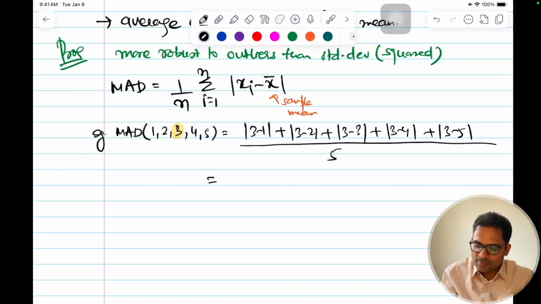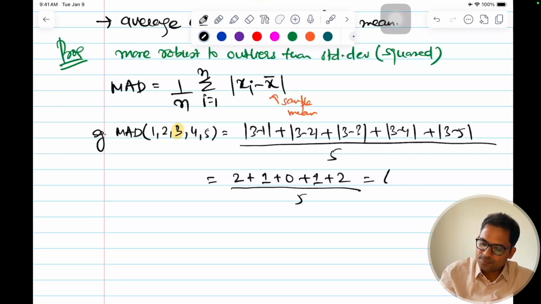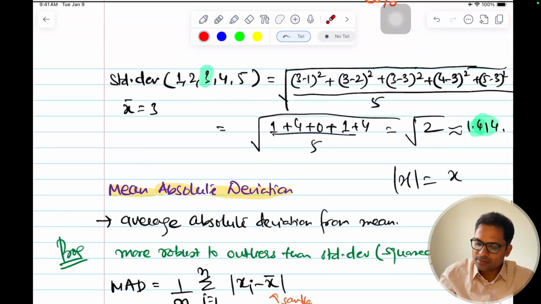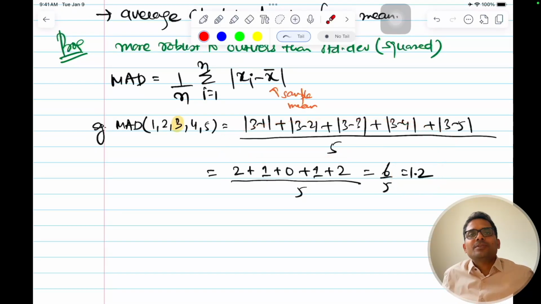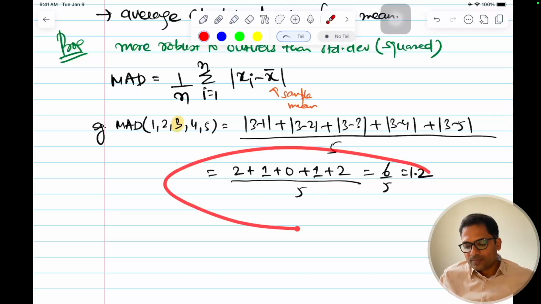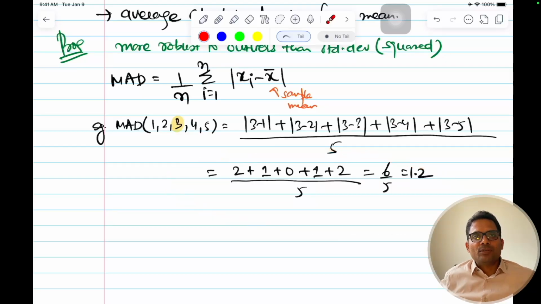This is not squaring. So 2 plus 1 plus 0 plus 1 plus 2, by 5, equals 6 by 5, that is 1.2. This is less than the standard deviation. So when you think there are outliers and their impact should not be amplified, then we consider mean absolute deviation. I hope that's clear.